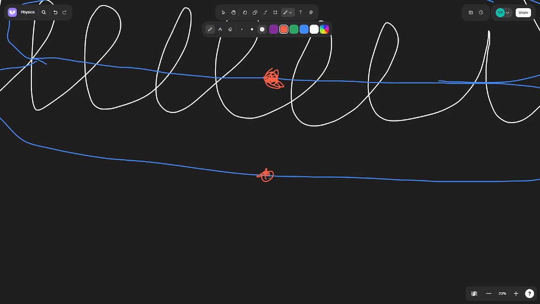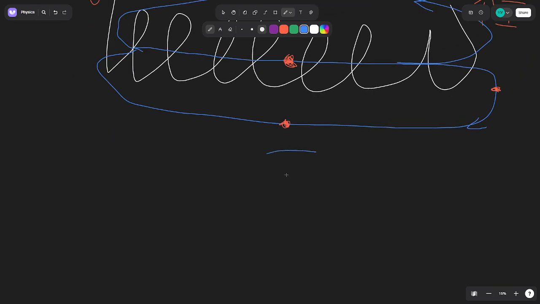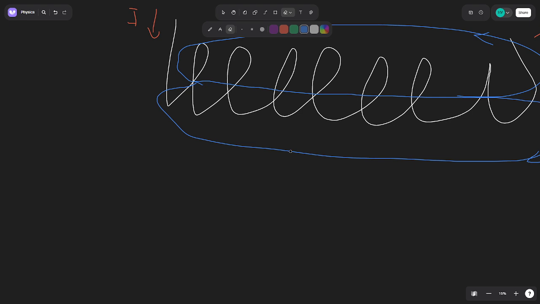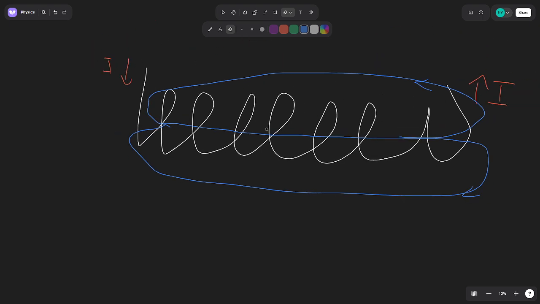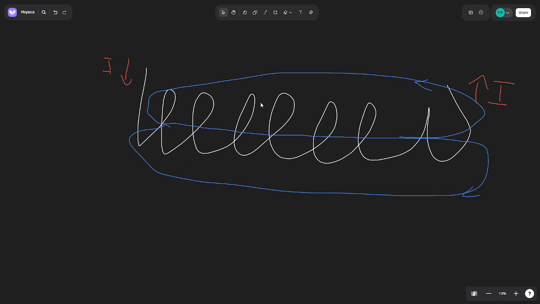Or even here, it's way weaker. Here, it's even weaker, and here it's 0. So how can we calculate the magnetic field in a solenoid?